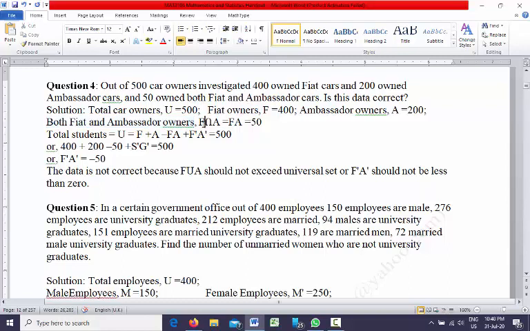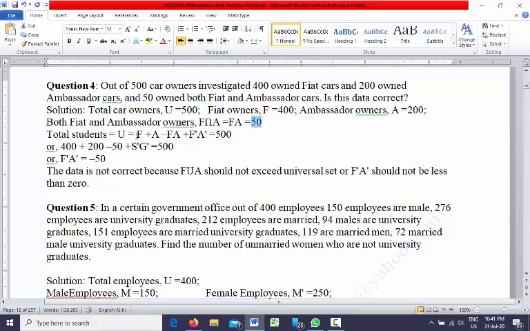So Fiat means F category, Ambassador means A category, and both means intersection. So Fiat intersection Ambassador, that is F intersection A, or in short we can just write it as FA. So FA is 50.